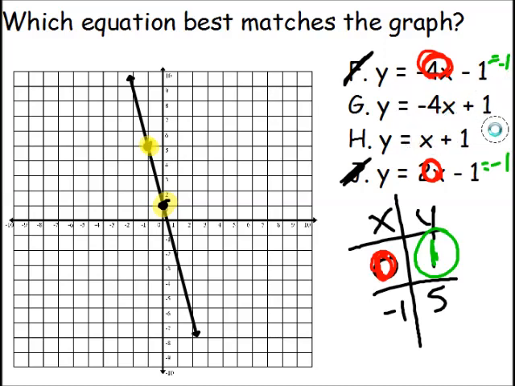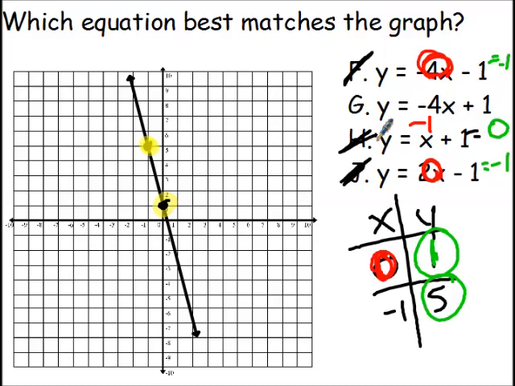And now I need to substitute -1 for x. So let's do this with h first. It looks easier. -1 plus 1 is equal to how much? That would be equal to 0. -1 plus 1 is 0. And I should get a +5, so I know it is not answer choice H. I'm not going to automatically pick G. I'm going to verify that I haven't made any mistakes.